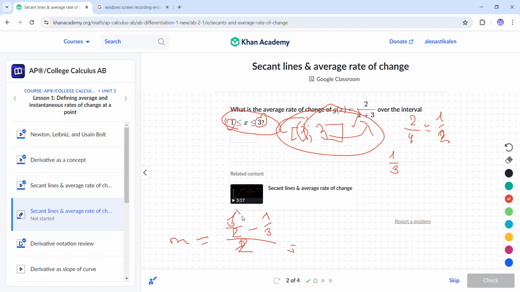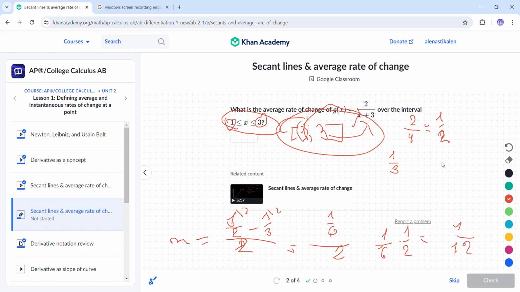This right here would be 1 over 6 over 2. So 1 over 6. Since we're dividing it, just going to put down here. And that would be 1 over 12 right here. Yeah, this should be right.